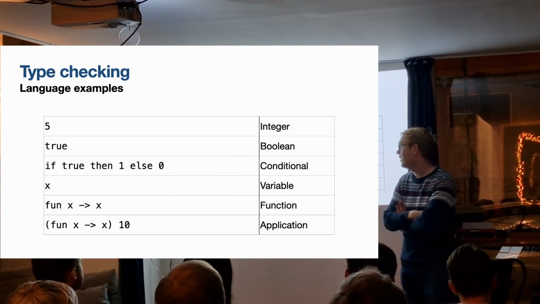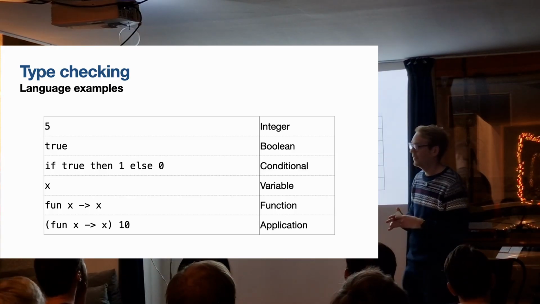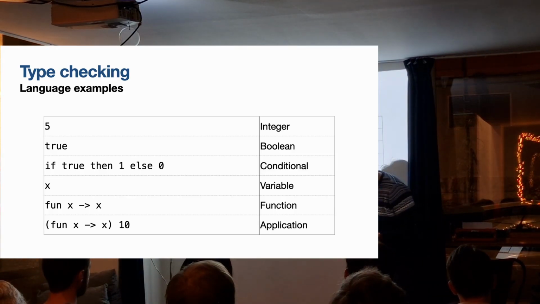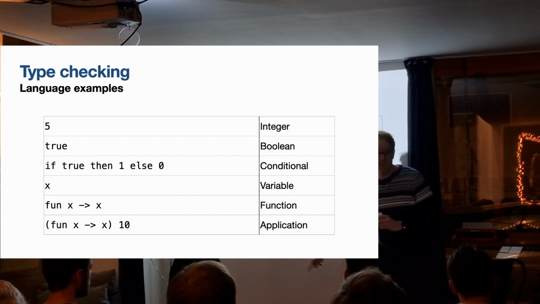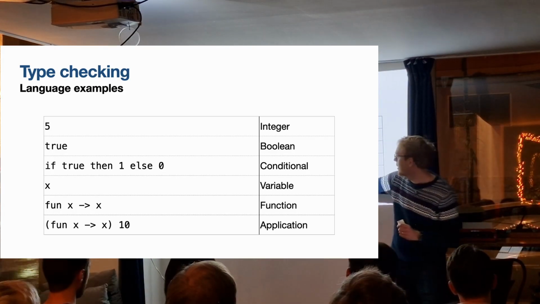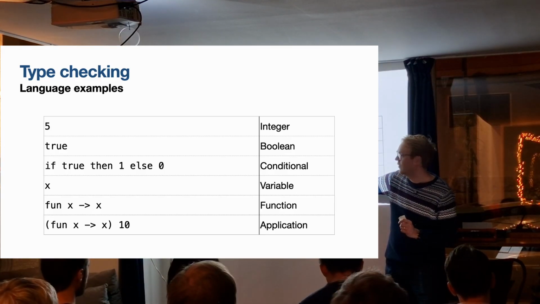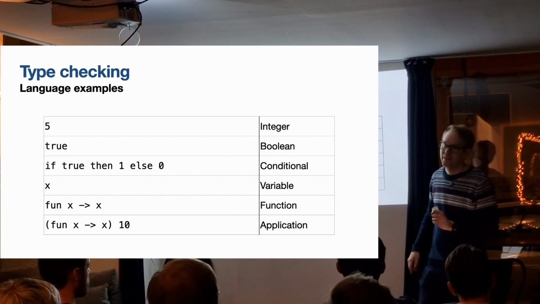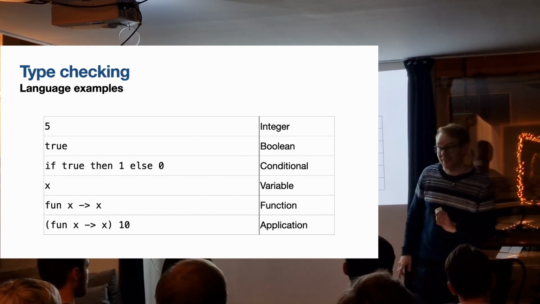Skolemization is when the type checker looks at a function like this, and if it finishes type checking this function and notices that, oh, I didn't unify x with anything, that means it could be anything.